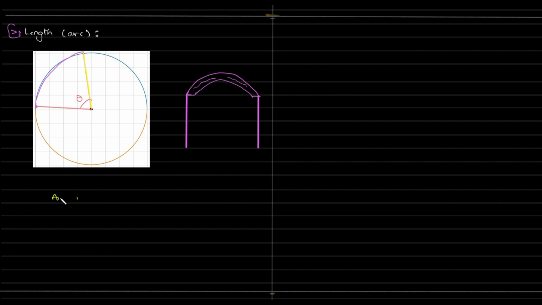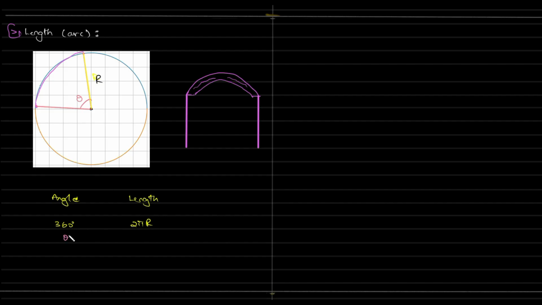So again, I'm looking at the angle, relating it to the length. If I sweep 360 degrees, I'll be running for a length of 2 pi R. Here I'm using capital R. It's just variables, so I keep varying small r, capital R, it doesn't matter.